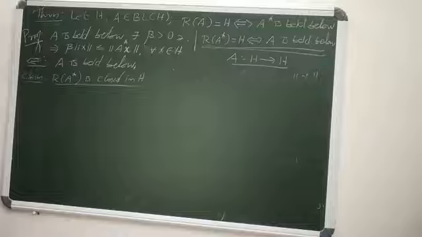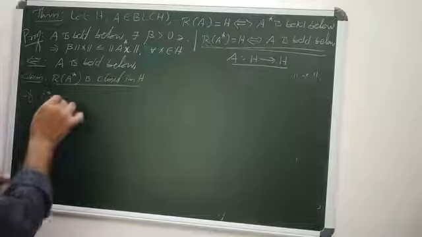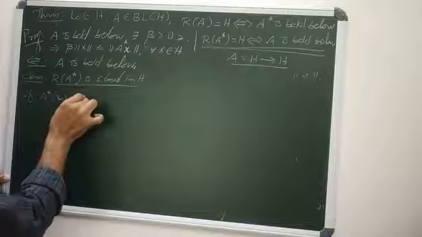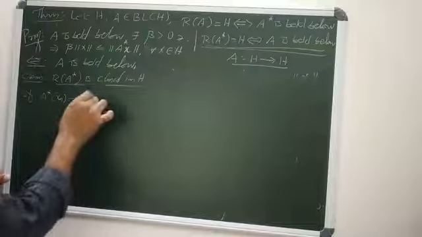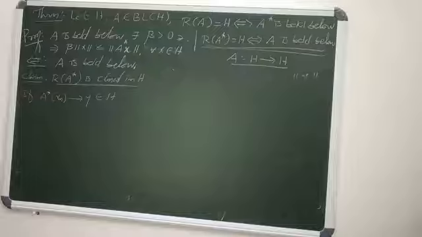How to prove this one? Take a sequence in the range of A*. Suppose A* x_n goes to some y in H. H is a complete space.